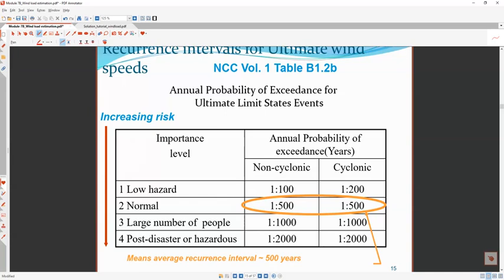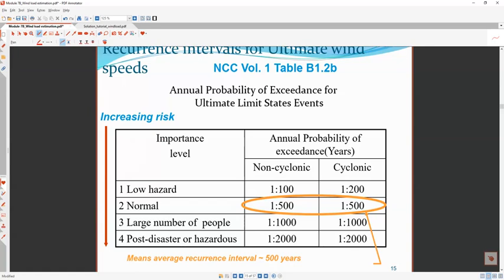That's why we use the word annual probability of exceedance, 1:500. If you go to a large number of people, number 3 or number 4, post-disaster or hazardous structures, we can have 1:2000. That means we are designing for a critical wind event for ultimate limit state which comes every 2000 years. You can think of a big tsunami or those kinds of things that may come along with that.